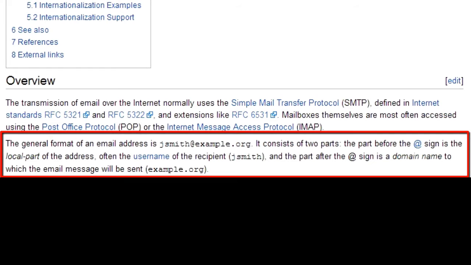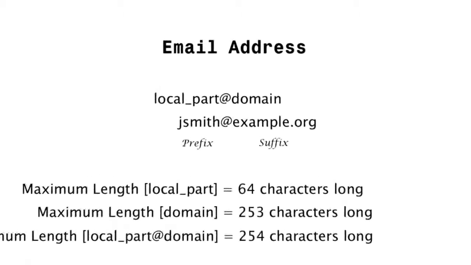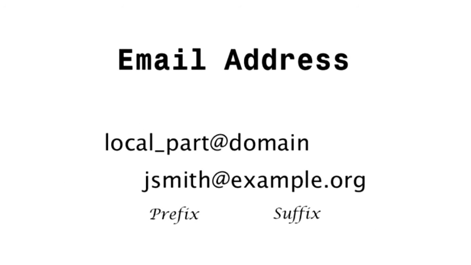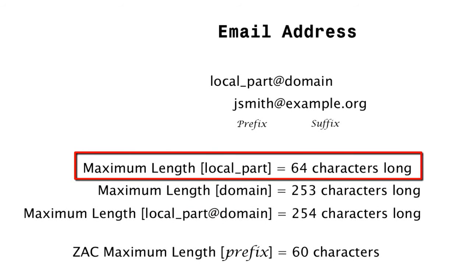And the part after the @ is a domain name to which the email message will be sent, example.org. For the sake of consistency with other elements of the ZAC data infrastructure, ZAC calls the local part prefix and the domain part suffix.